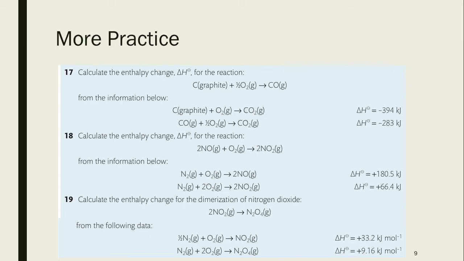And from that, you either flip equations to try and get the products to match up and cancel out. Remember, if you flip an equation, you have to flip the sign of the enthalpy change. The other thing you might have to do is multiply an equation by 2, 3, 4, whatever, to get the appropriate number of molecules of your reactant or product.